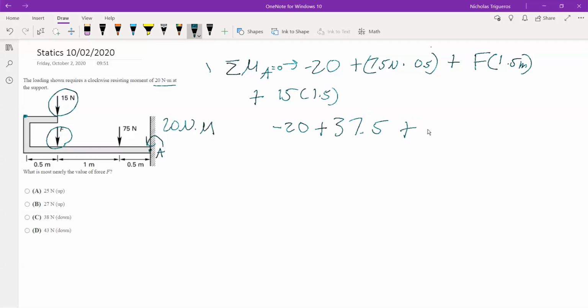Plus 15 times 1.5 is 22.5. All these are in units of Newton meters.